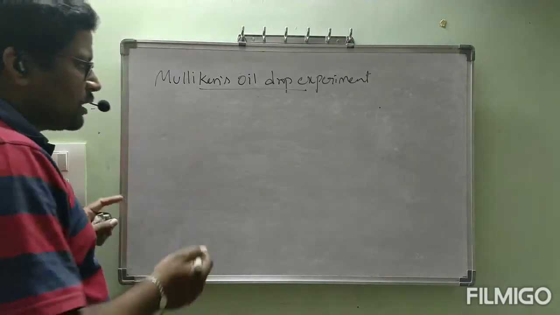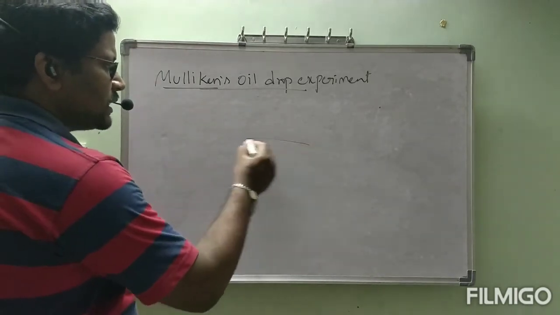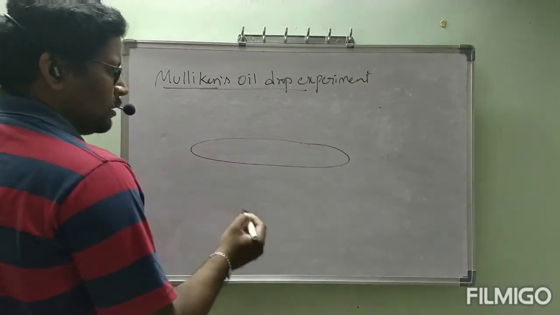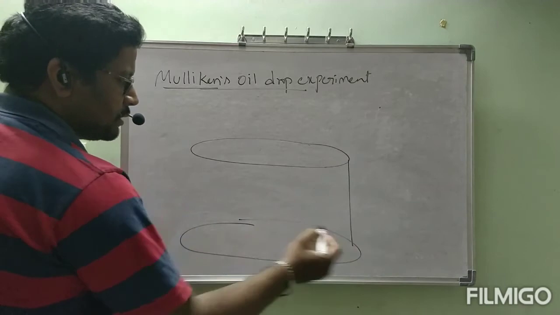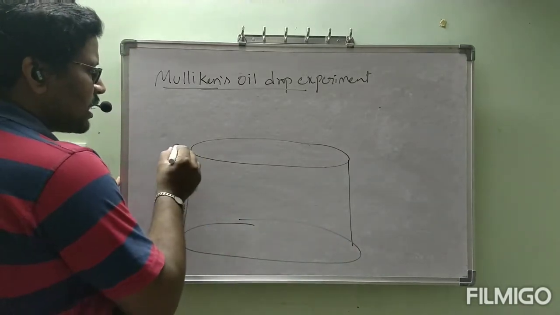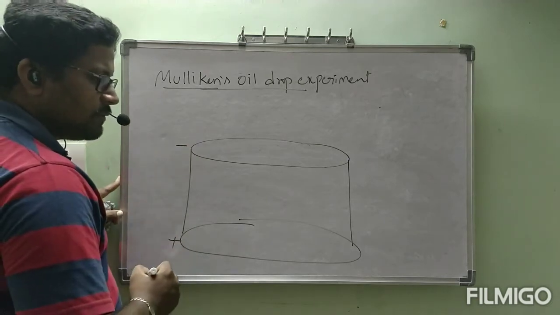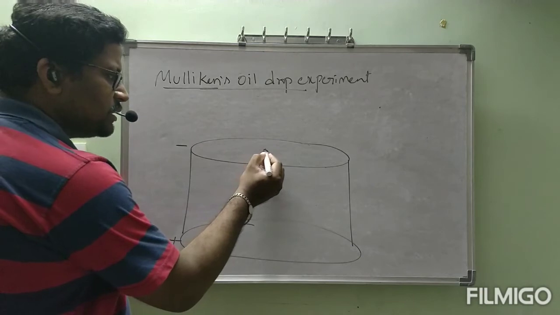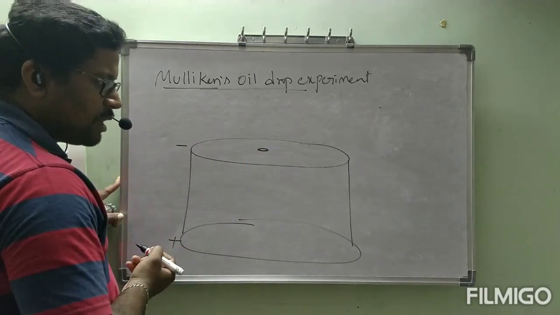Scientist Millikan took two circular discs in a closed chamber. One is connected to the negative terminal of the battery and another one is connected to the positive terminal of the battery, and the negative plate contains a small hole.